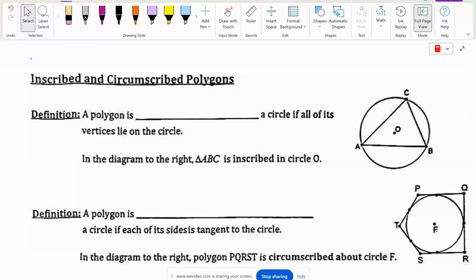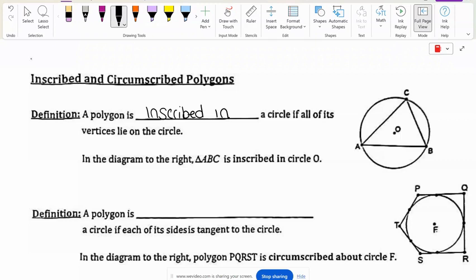All right, a polygon is inscribed in a circle if all of its vertices lie on the circle. So if we notice, I have circle O and I have triangle ABC. All of its main vertices, all of its corners, A, B, and C, are actually on the rim of the circle. That's what it means to be inscribed.